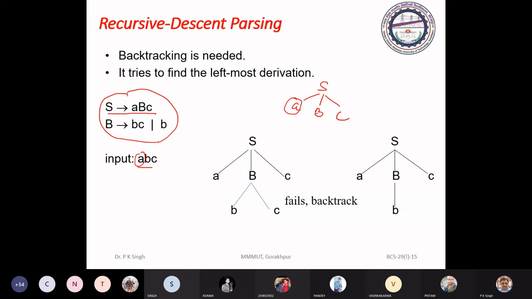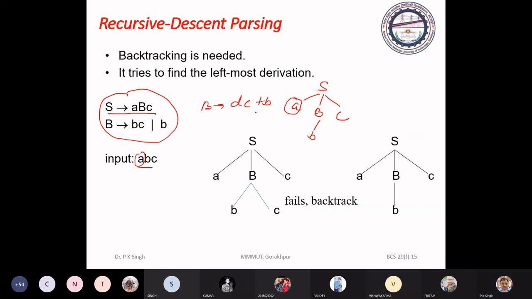Suppose here B is DC and B, and your string is ABC. Then you will not select this, you will select this, and you will get the B. So ABC, your string is generated.